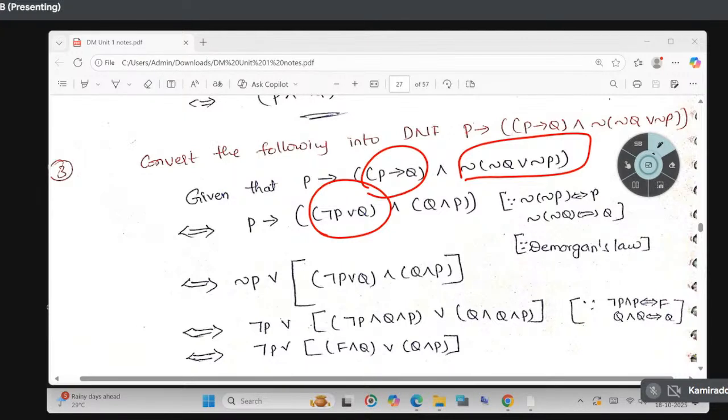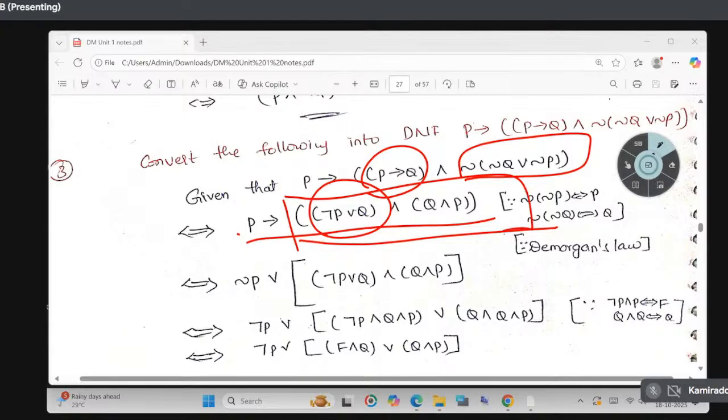Two things are applied and we got this particular expression, that is, this entire thing is my Q value. P implies Q, again I am applying, so that became negation P or this particular value I got. Now again I am simplifying: negation P or negation P and negation Q. Like that I am simplifying. Go for the simplification.